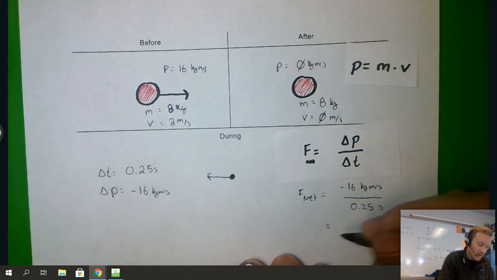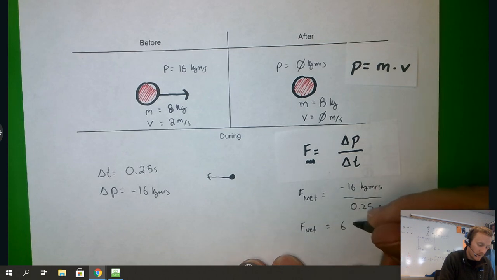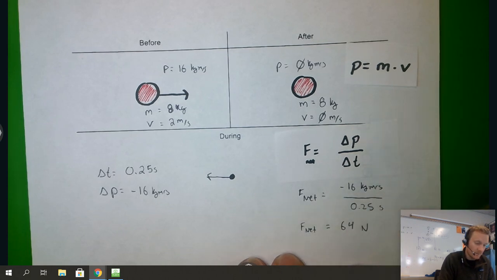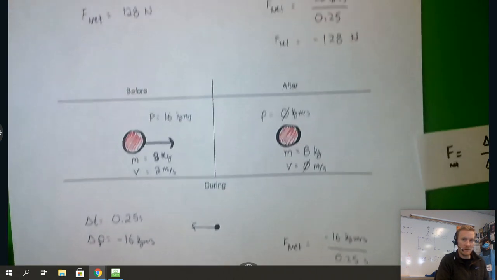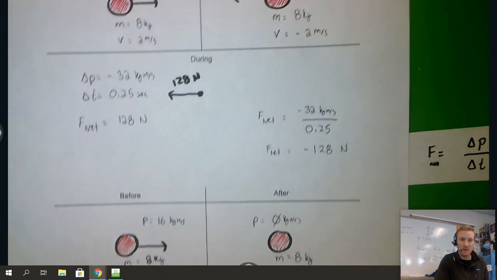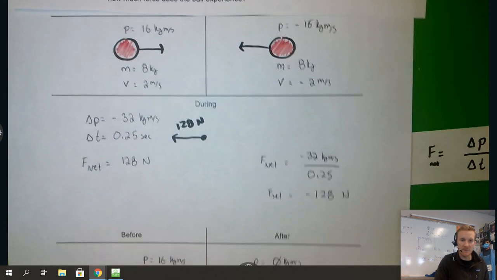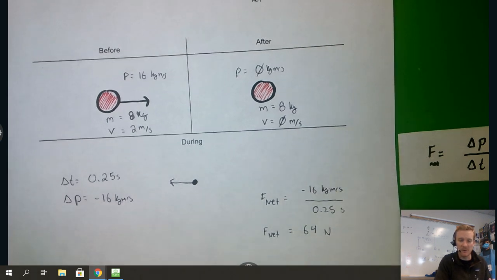You'll notice that this is actually half of the force that we needed from the previous question. Okay. Originally, I'll clear this out of the way. Originally, we needed 128 newtons to push it back in the opposite direction at the same speed. We're going to need exactly half of that to just bring it to a stop.